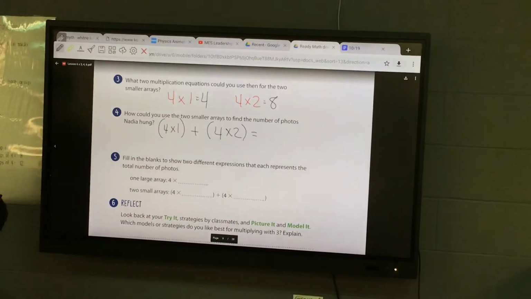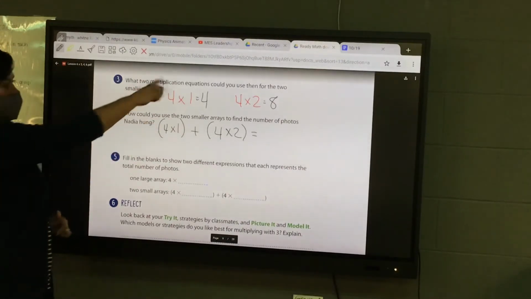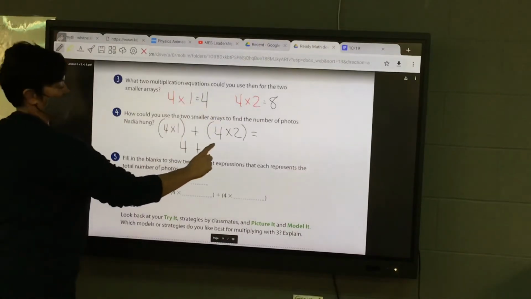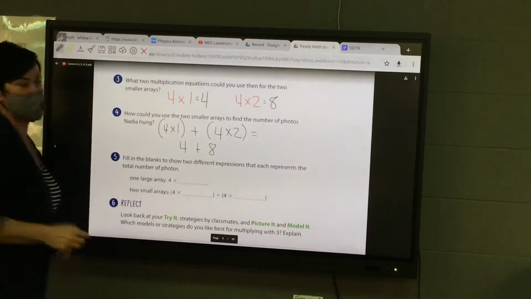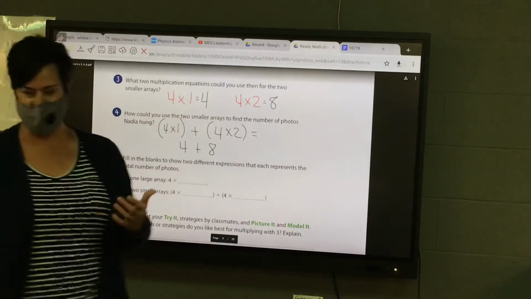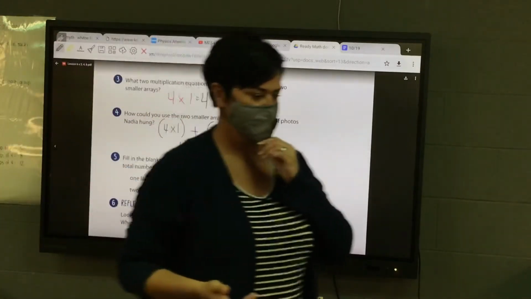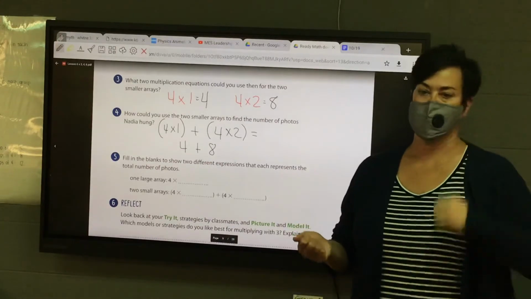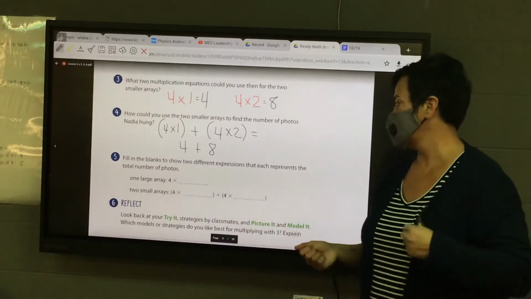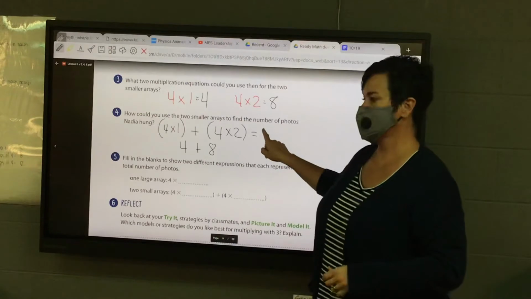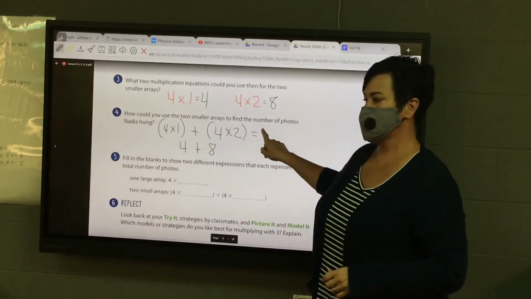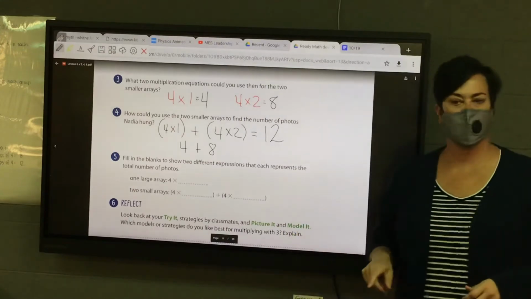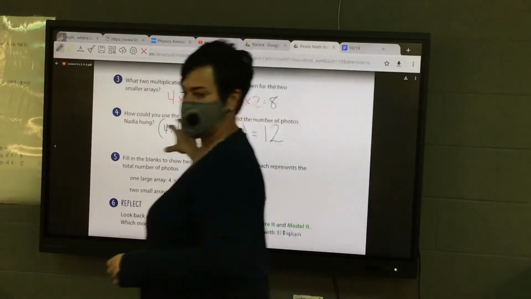So we said 4 times 1 is 4, plus 4 times 2 is 8, equals, what does 4 plus 8 equal? Or 8 plus 4 more. What does that equal? Everybody, what does it equal? 12. Do you remember coming up with that answer yesterday?